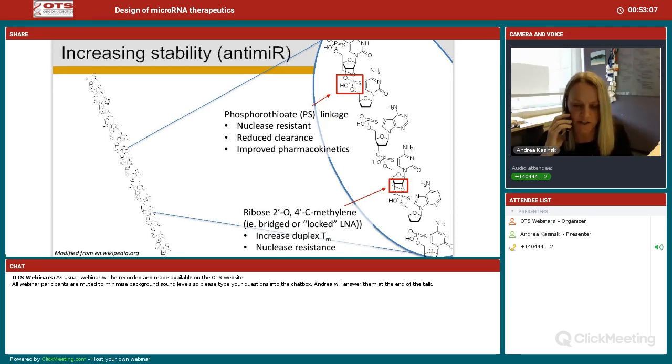So that's really a great advantage here. LNAs are great for increasing the stability of anti-miRs. Unfortunately, they can't be used for increasing the stability of microRNAs, and that's due to the fact that they don't allow for the promoting cleavage, which is essential for microRNAs, as we know.